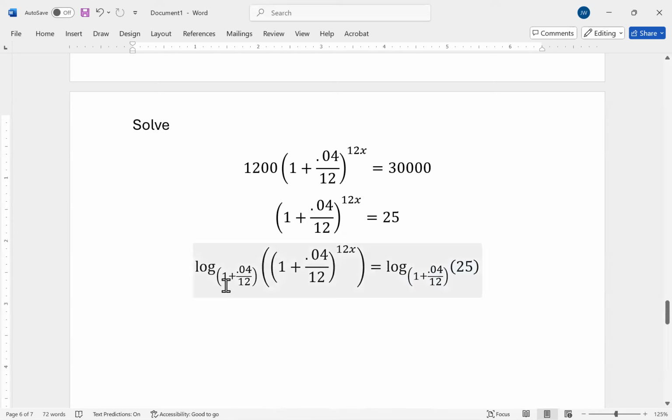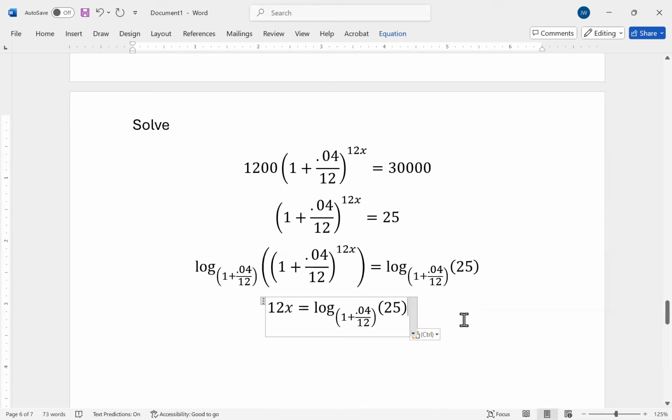Using the inverse property of log of a base and base to a power, what that would have given me is that 12x is equal to this right-hand side: log base 1 plus 0.04 divided by 12 of 25, with argument 25. So I would have ended up with that.